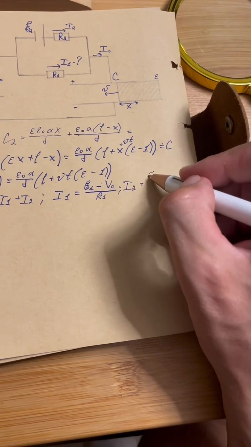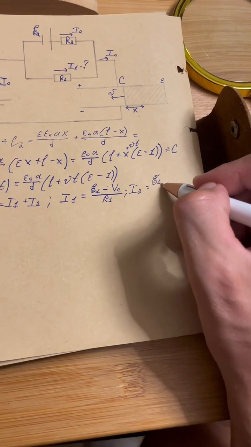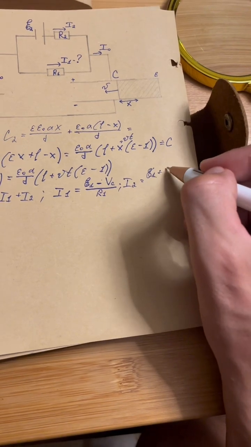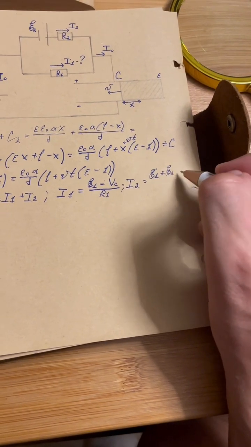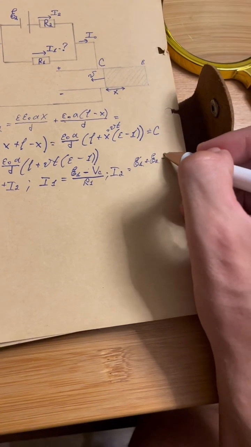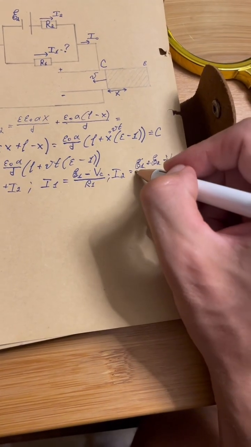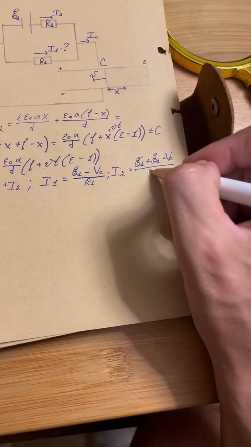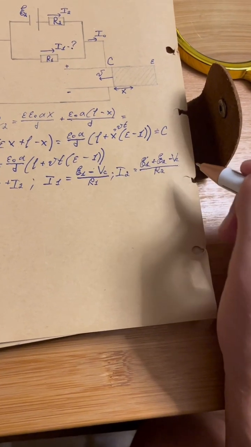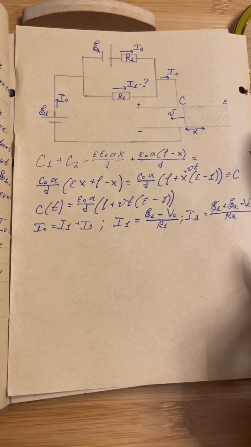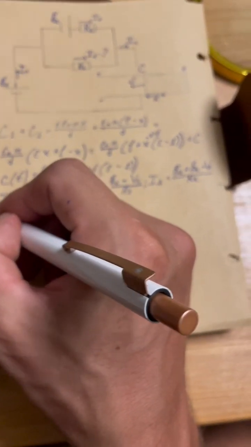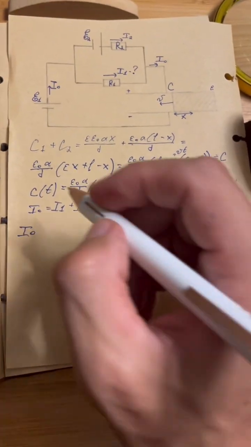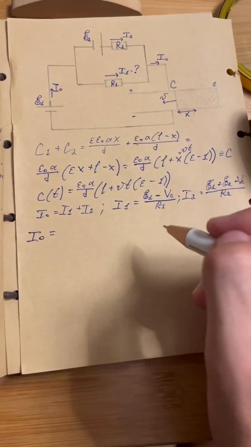It's EMF 1 plus EMF 2 minus the capacitor's voltage, divided by R2. Okay. So the total current I0 equals the sum of them, right?